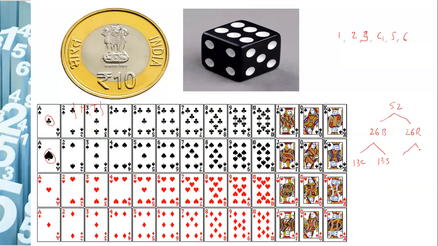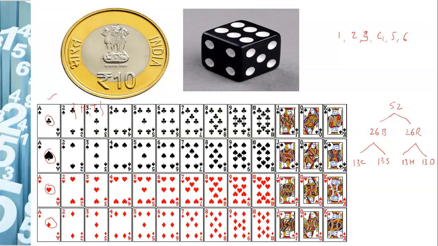Similarly, the 26 red are also divided into two sets. So 13 hearts and 13 diamonds. Each of these 13 cards consists of one ace card. You can see here one ace card.